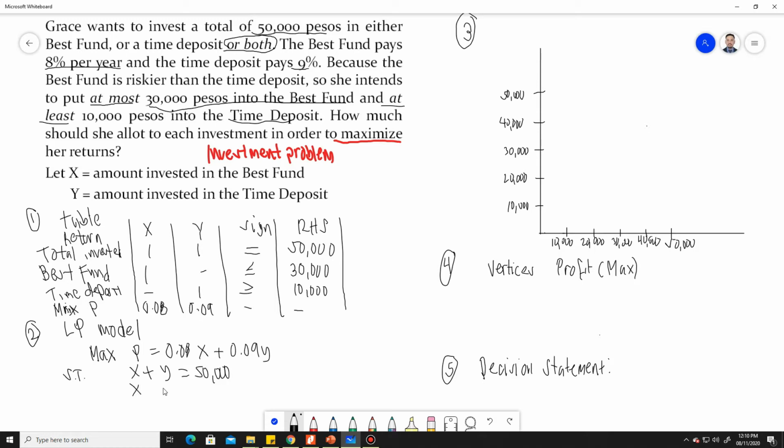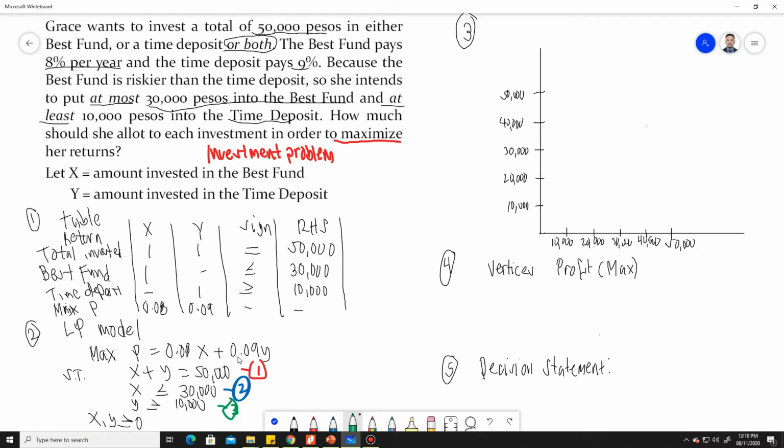We have x less than or equal to 30,000. y greater than or equal to 10,000. And then both x and y should be greater than or equal to 0. So we are going to assign this as equation 1, this as equation 2, and we have this as equation 3.